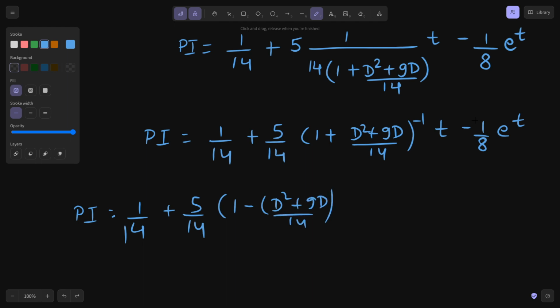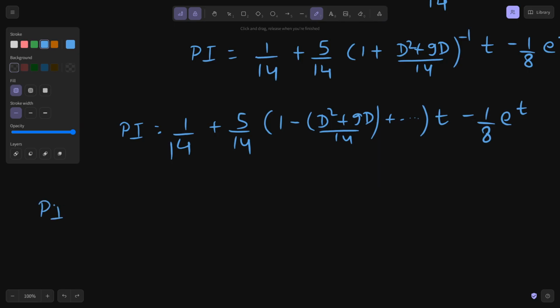I would have written plus x square, but that doesn't matter because that will contain terms like D power 4 and 81D squared, something like that. Everything will become 0. The minimum power, as you can see, will be 2 only here. So that clarifies that the second derivative is 0, no need to write it, so you can just write plus dot dot dot, operating on t, minus 1 by 8 e power t stays there.